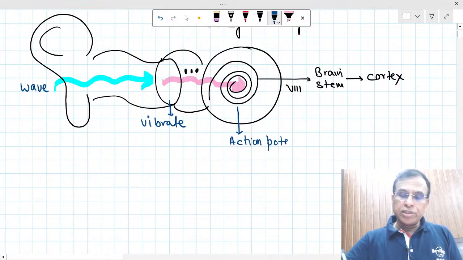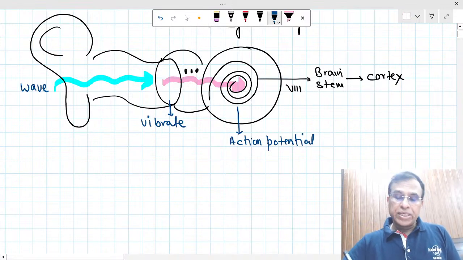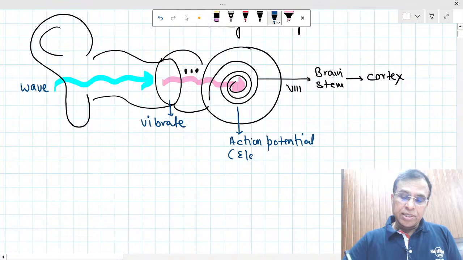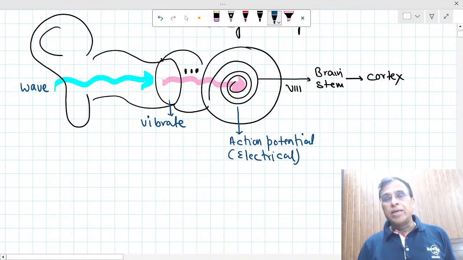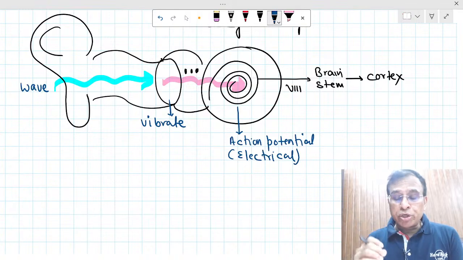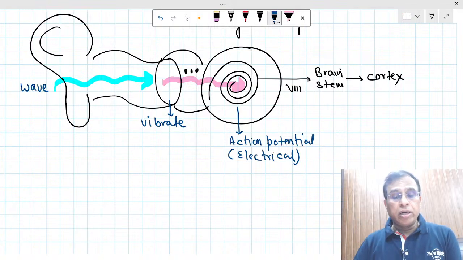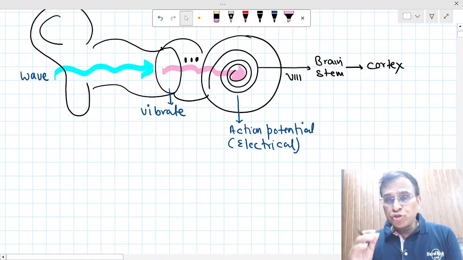Now, action potential is not a mechanical energy, it's an electrical energy. Now, this time the type of energy has changed. A mechanical energy has become electrical energy. And this is the most important change in the entire auditory pathway. Without this change, hearing is impossible.